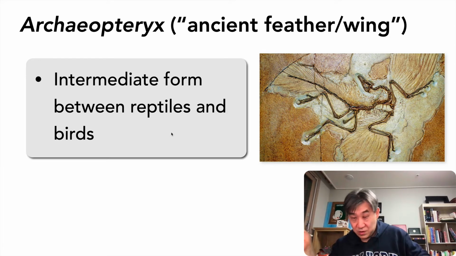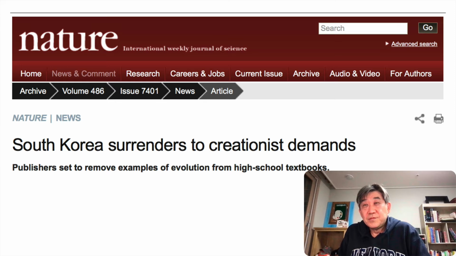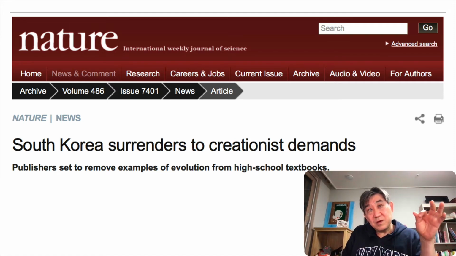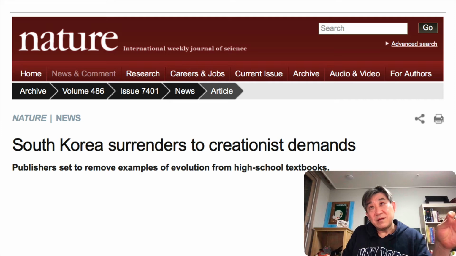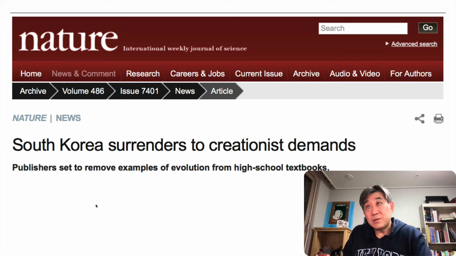evolution. But then, several years ago, it was heavily criticized due to some very trivial factors, and it was heavily exaggerated, so that in this country, on a temporary basis, the description of Archaeopteryx in the high school biology textbook was eliminated.